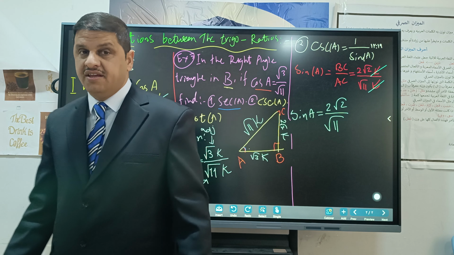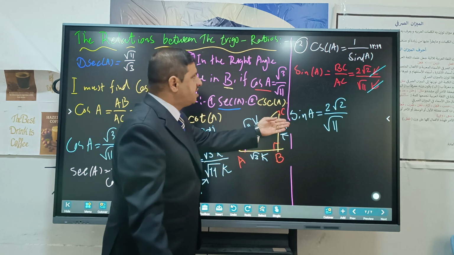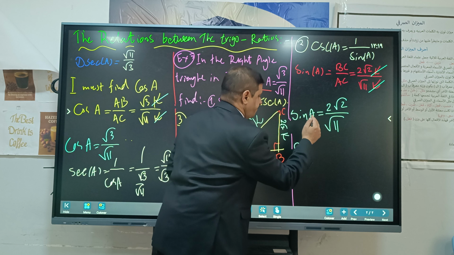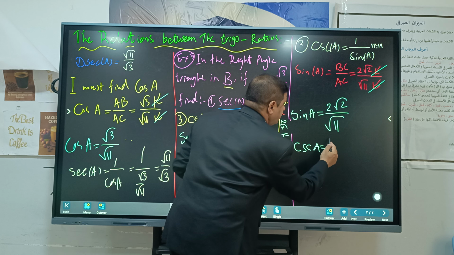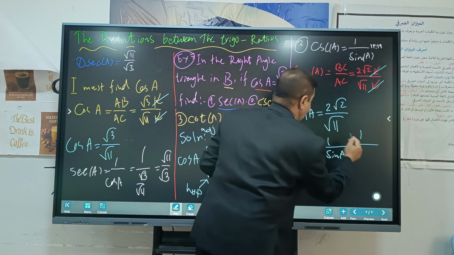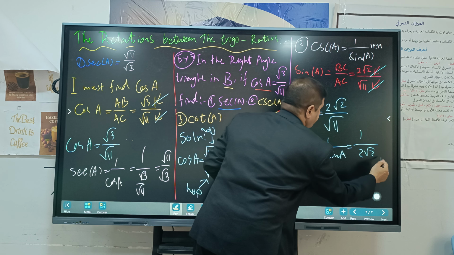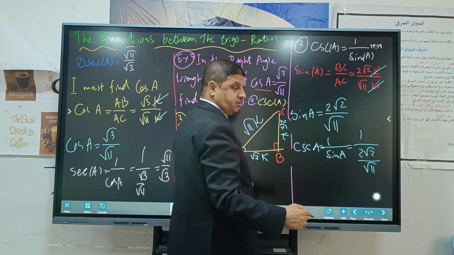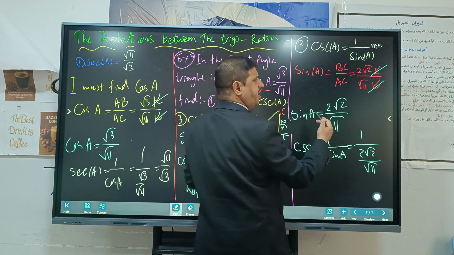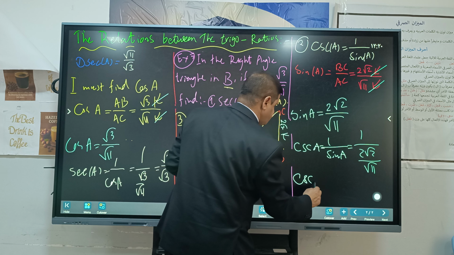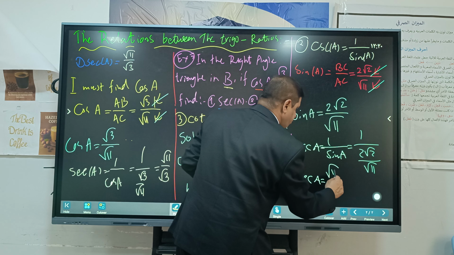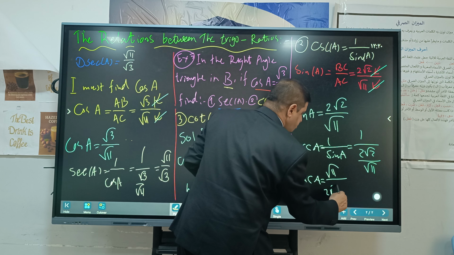Okay, here's the sine, but I do not want the sine, I want the cosecant. Cosecant of A equals 1 over sine of A, which equals 1 over 2 square root of 2 divided by square root of 11. The denominator of the denominator is multiplied by the numerator, which means cosecant of A equals square root of 11 times 1, square root of 11 over 2 square root of 2.